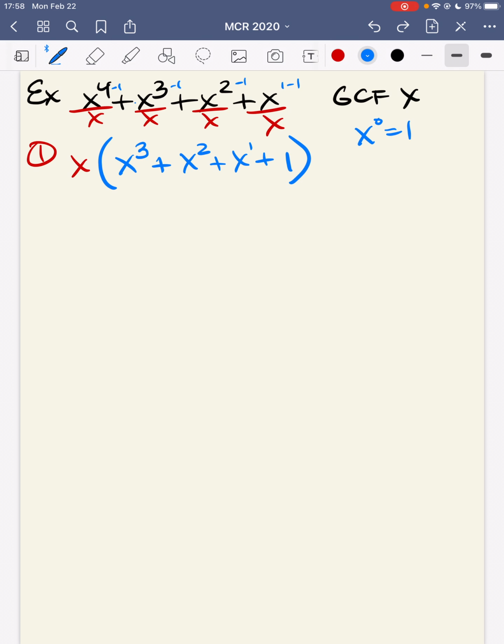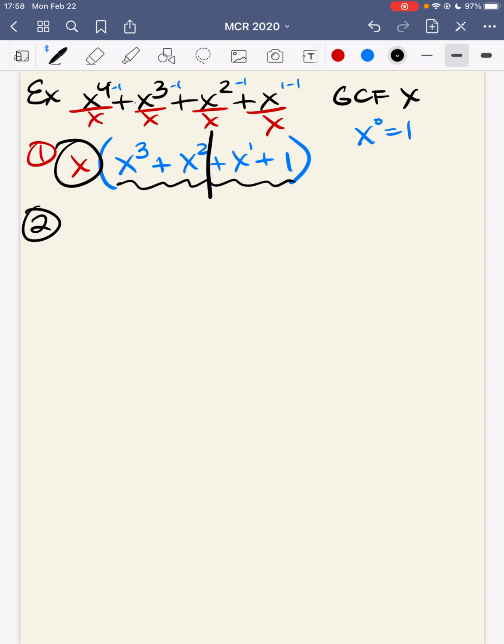Now step 2, because I pulled out a GCF, this x here I don't worry about. So right now I'm going to kind of forget about him, and I'm going to only focus on what's in parentheses. Which means I need to go ahead, split it in half in front of the second sign, and go ahead and pull out my GCF from my first 2 terms.